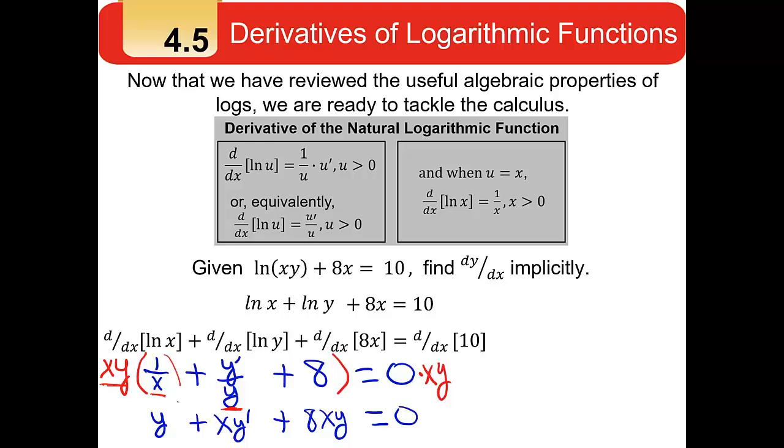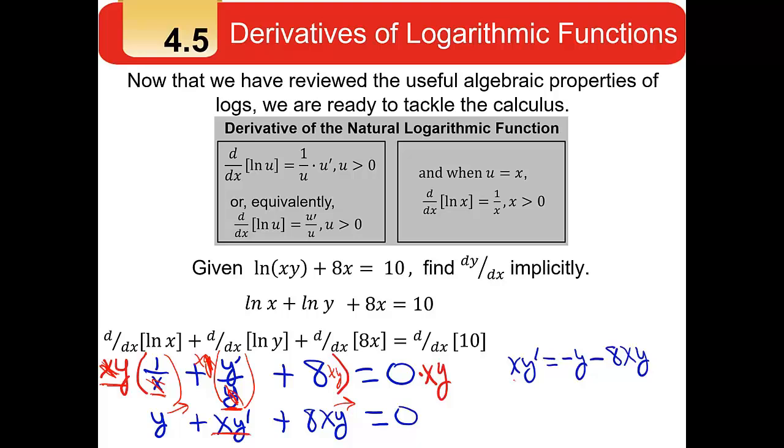And if you want to think of this as just multiplying everything by xy, however it takes for you to get that, in this case the x's cancel, in this case the y's cancel. And now I want to solve for y prime, so I want to move everything that doesn't have a y prime in it to the other side.